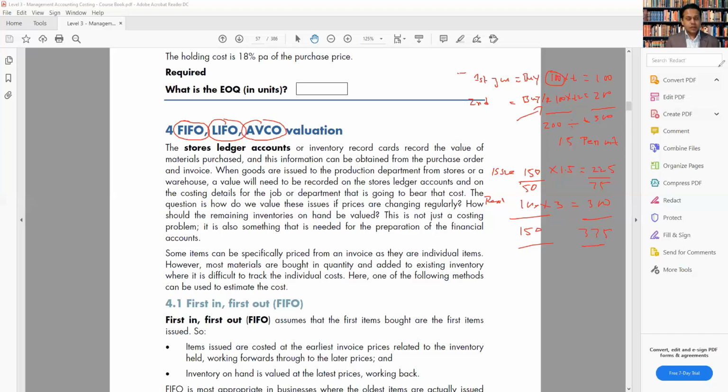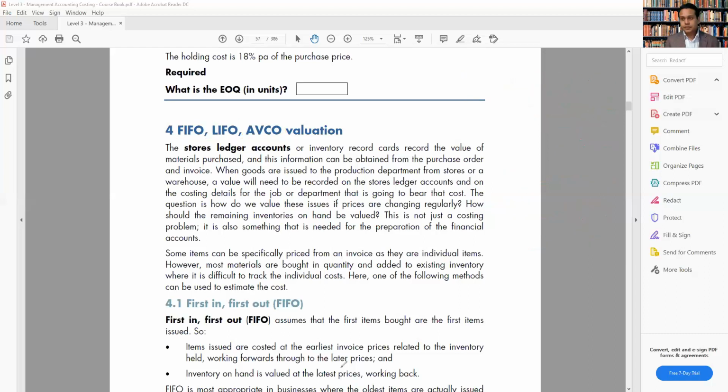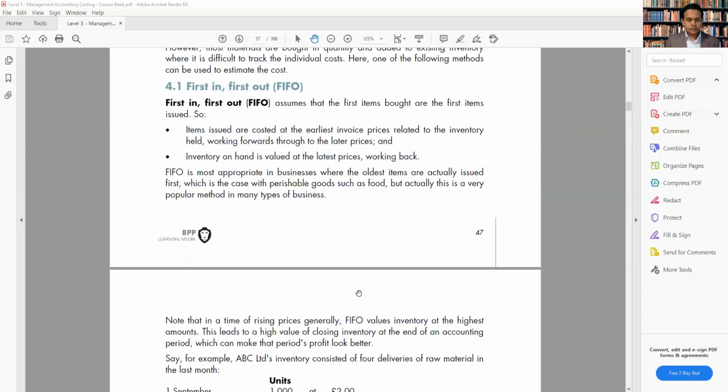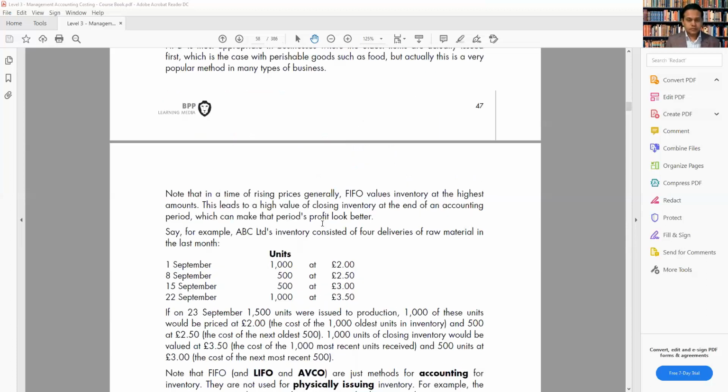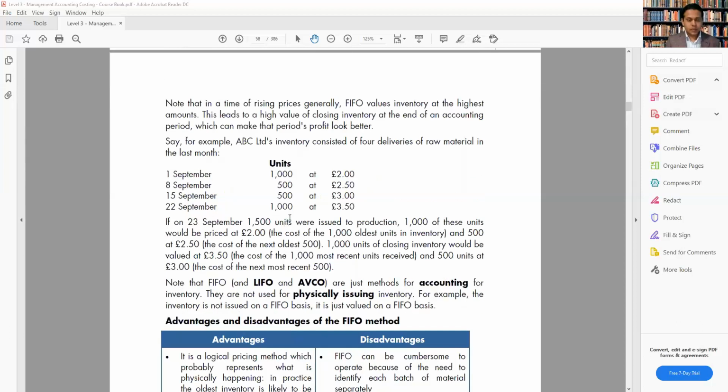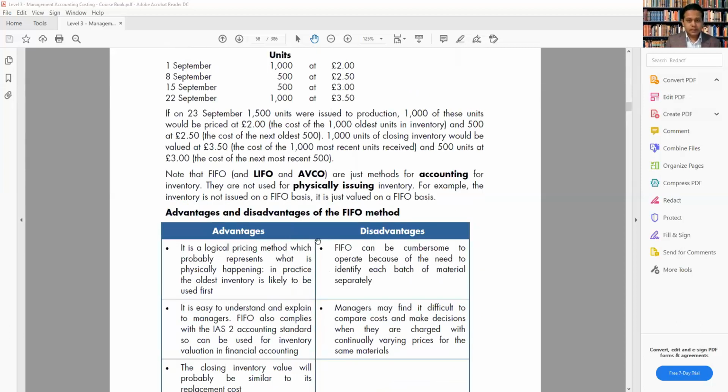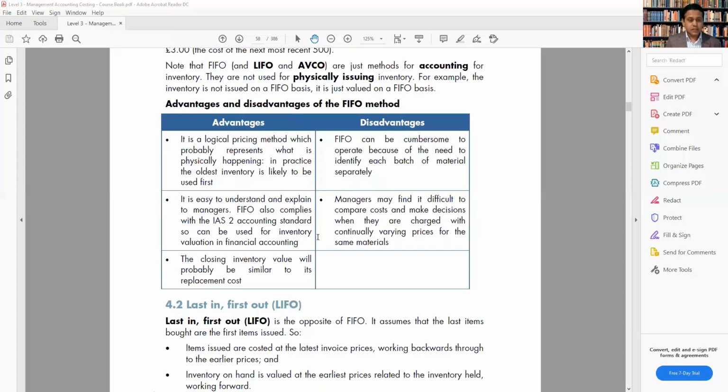So let's have a look at what we have here. There is some example here. There are some advantages and disadvantages.